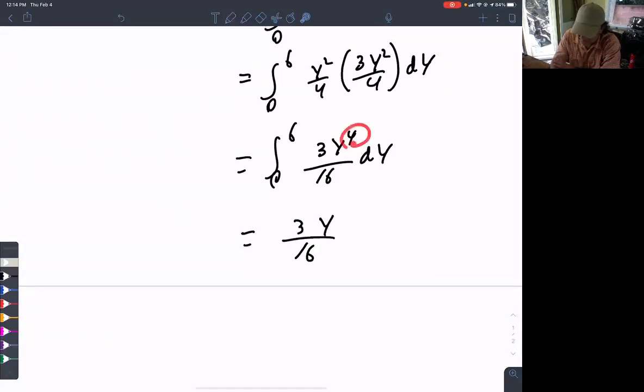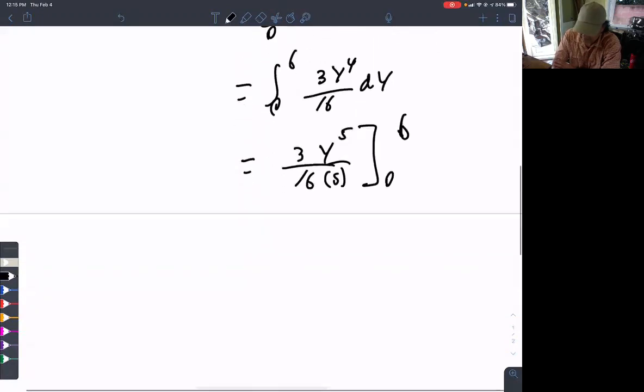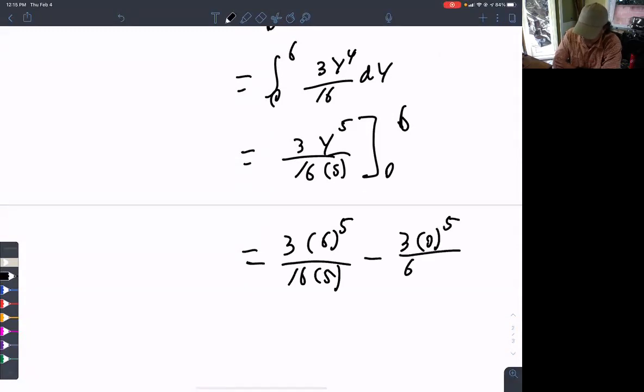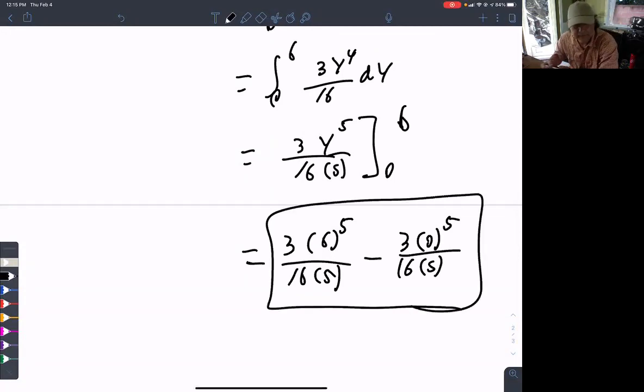So this would become a 4, you add 1 becomes a 5, and then you divide by that 5. And then we get this. And this part, you don't have to write anything because it's 0. There's your answer, if you were to work it out.